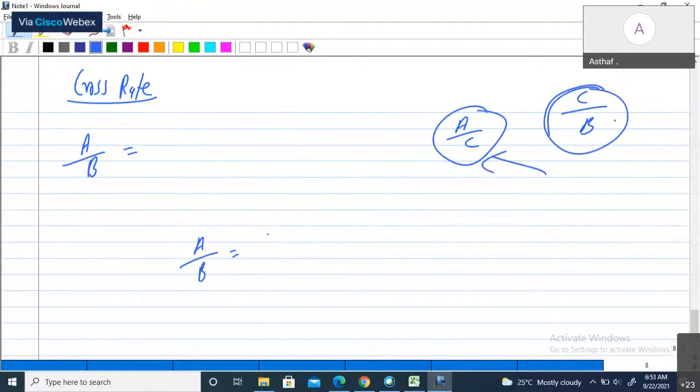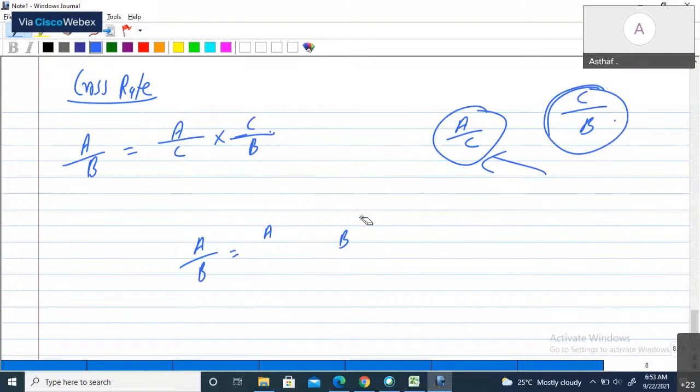So how to do it? A to C is available, so take A, then you have C to B available. Now look here, cross multiplication. This will cross this. Your net effect will be A by B. That means if you want A by B currency, you can go for A to C, C to B.